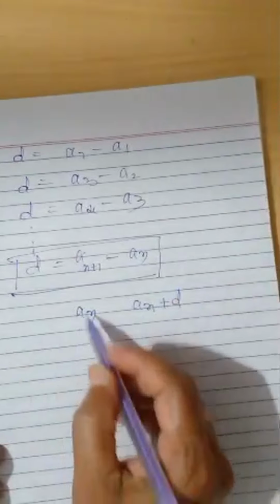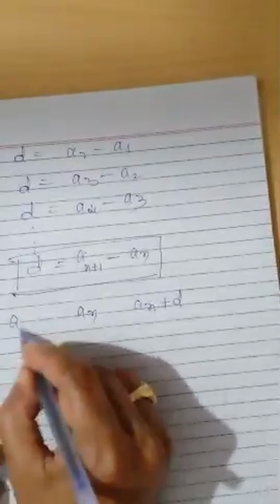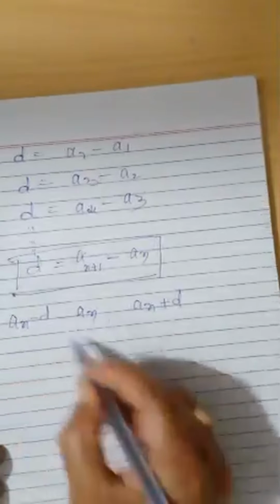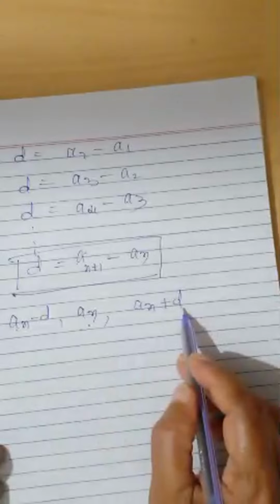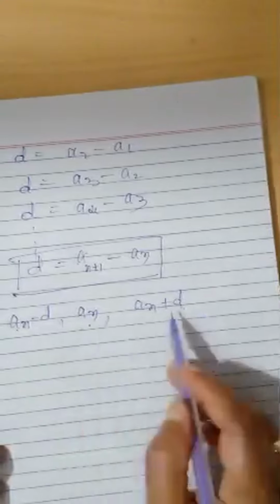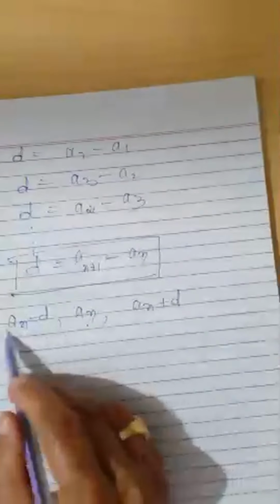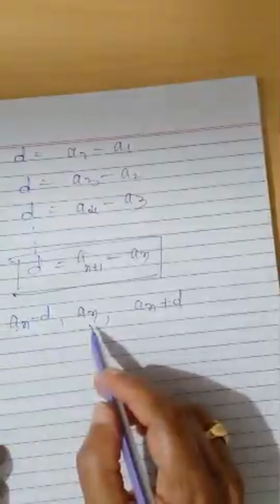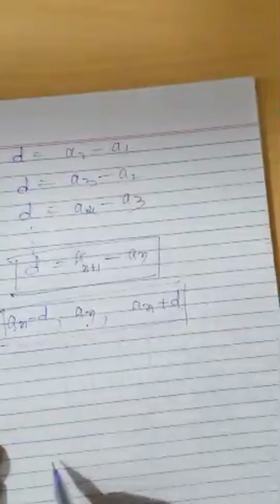If you subtract the common difference from the given term, you get the preceding term, that is a_n minus d. So a_n lies between a_n minus d and a_n plus d. Don't forget, adding the common difference gives the next term, and subtracting it gives the preceding term. In that way, you can understand the concepts of progression.